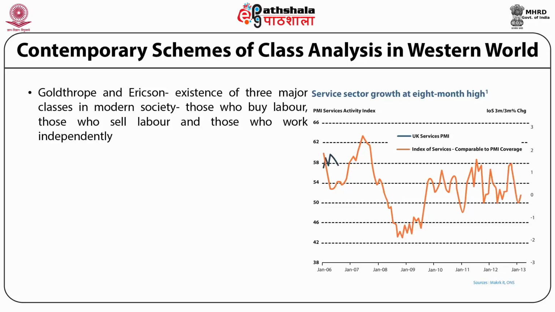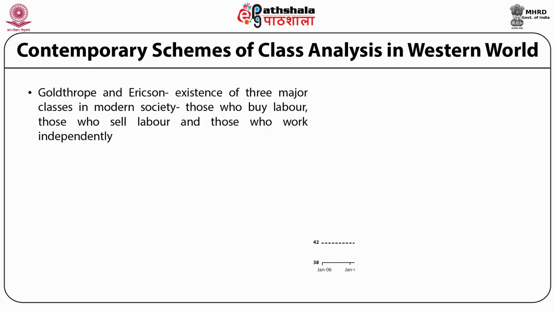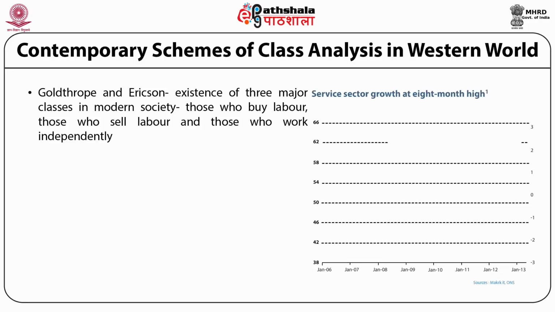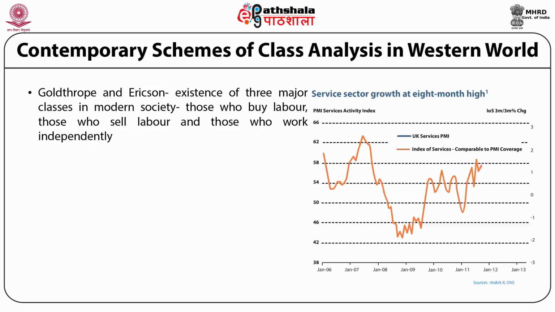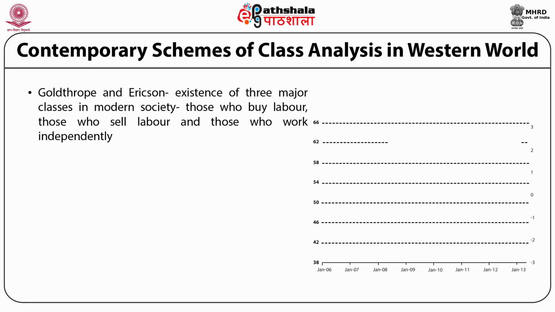And these three classes are as follows. The first class refers to that class where the members buy labor. The second category refers to those who sell labor. And the third category, which is different from the first two categories, includes those who work independently. So neither do they buy labor nor do they sell labor.